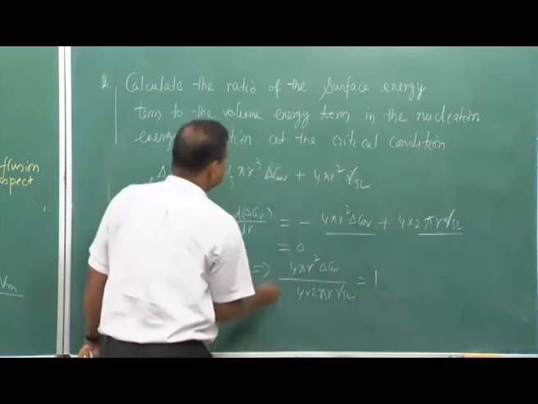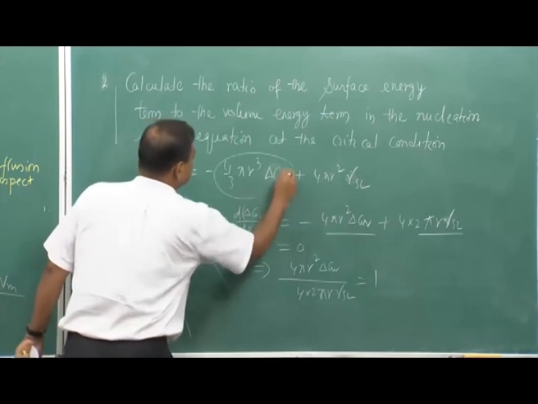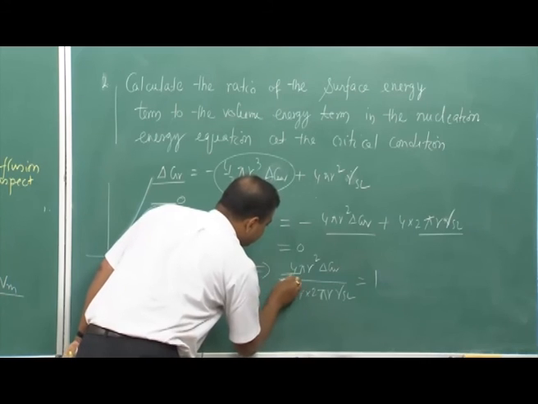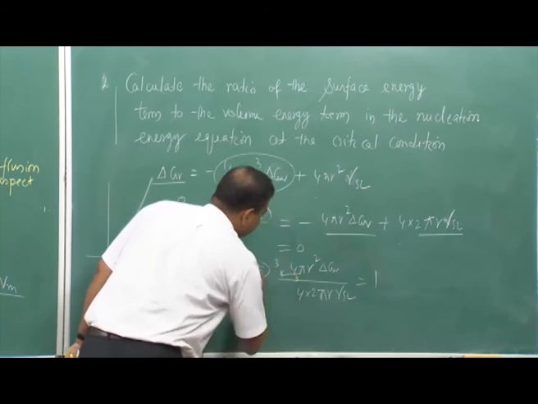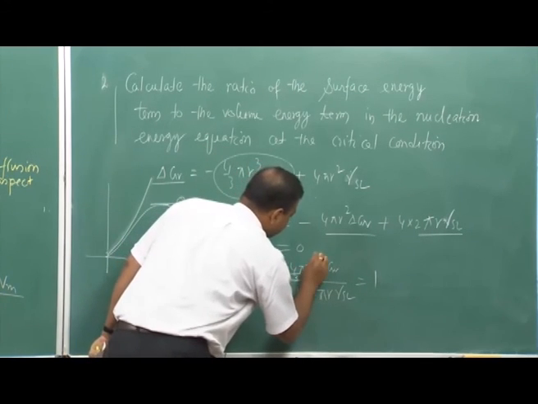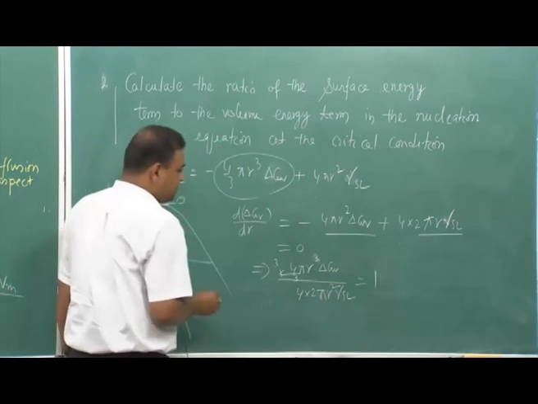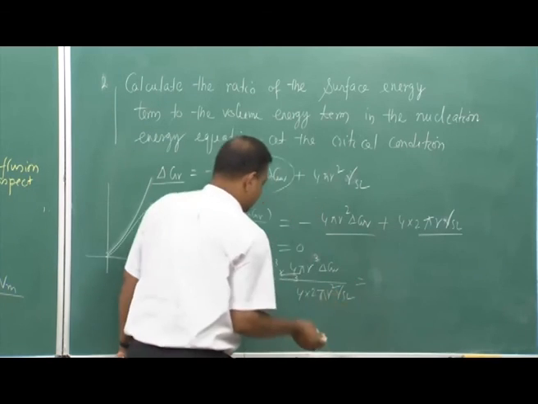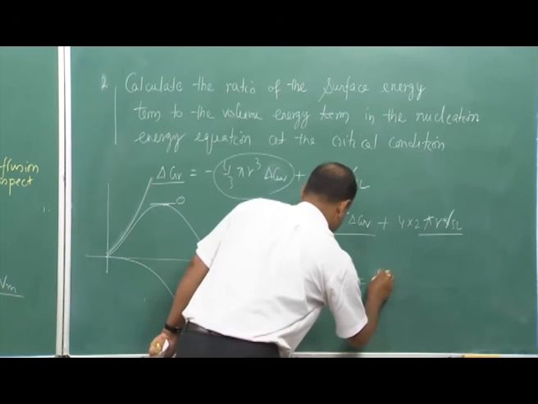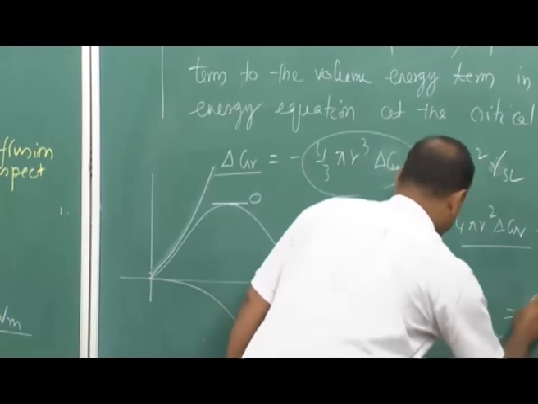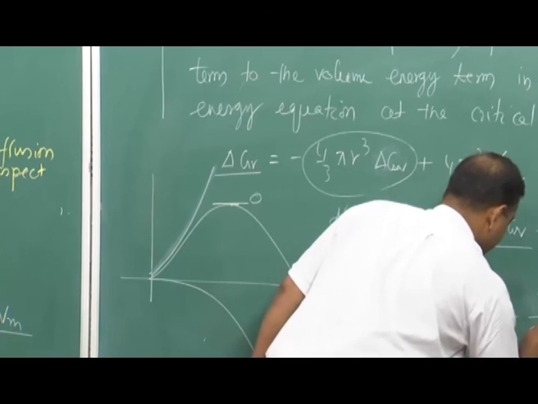Now, I have to convert it into this. In order to convert this, I divide it by 3 and multiply by 3, and also multiply with R, so this is R square. So, 4 by 2 becomes 2 by 3.